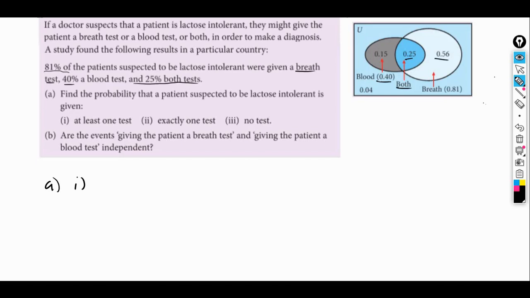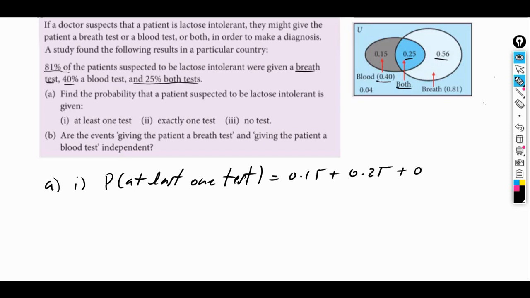So let's focus on number 1, the probability of at least one test. That's the same as saying the probability of the blood test only plus the probability of both tests plus the probability of a breath test only. And this is going to give us 0.96.